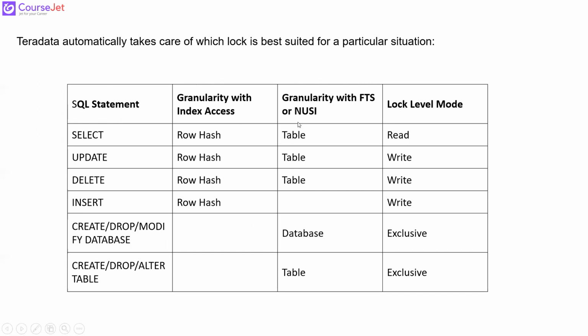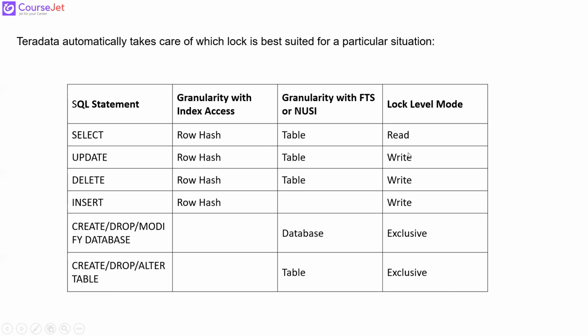The table level will happen when a full table scan is going on, or when you have non-unique secondary indexes. In that case, it will be a read lock, because you are doing a select. And when you are doing an update, it can also be either row hash level or table level. So it can either lock the row hash, meaning the set of rows, or the entire table.